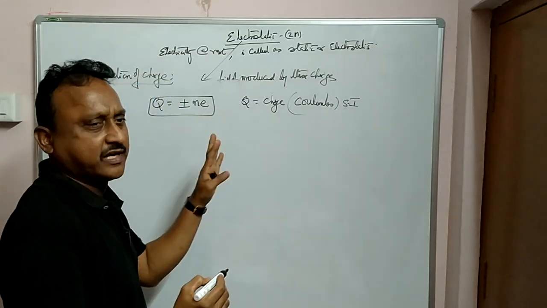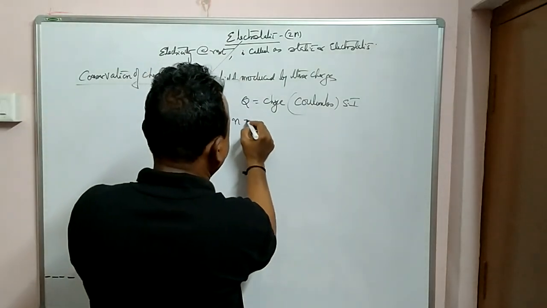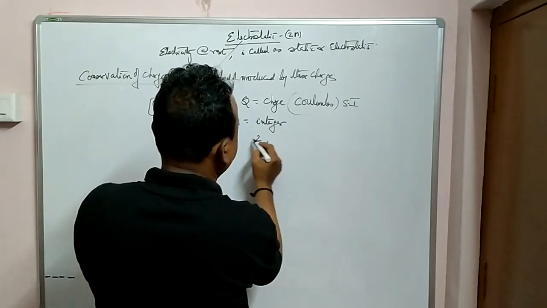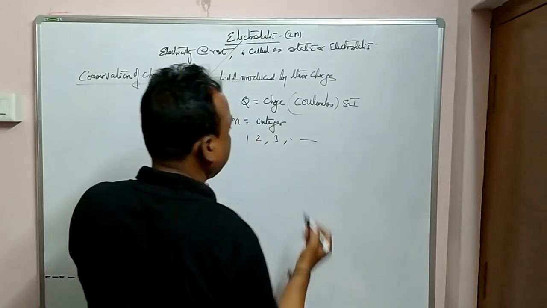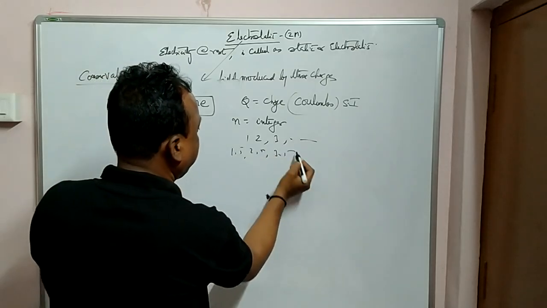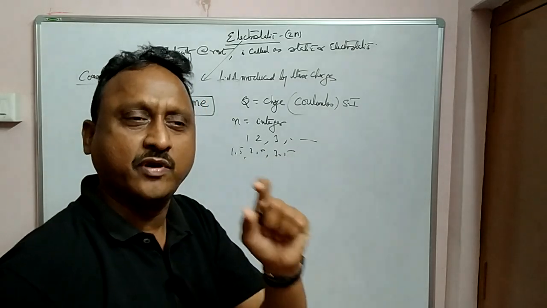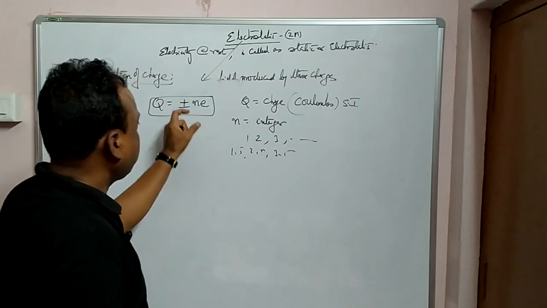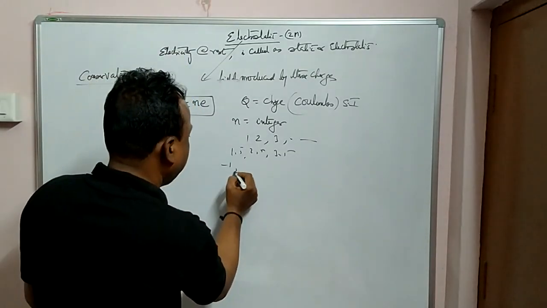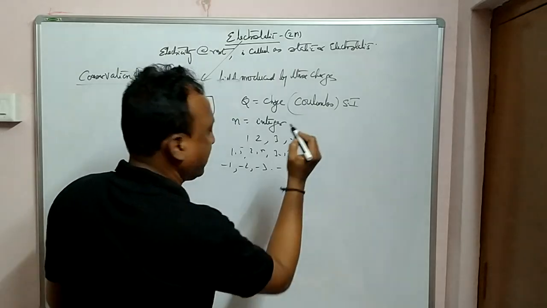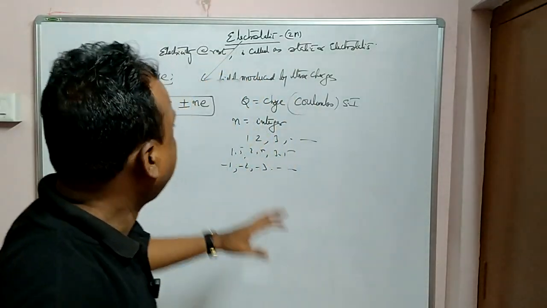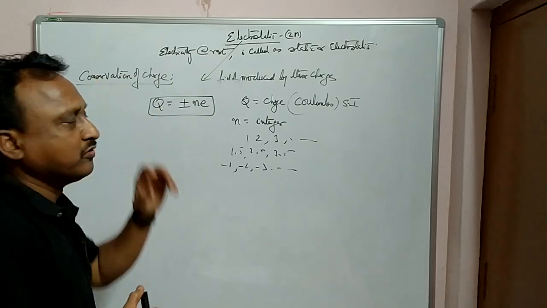N is an integer, that means 1, 2, 3, 4 and so on. N cannot be 1.5 or 2.5 or 3.5. It is a whole number, so the value is always 1, 2, 3, and so on, or -1, -2, -3, and so on. This is how conservation of charge is represented, Q equals plus or minus Ne.